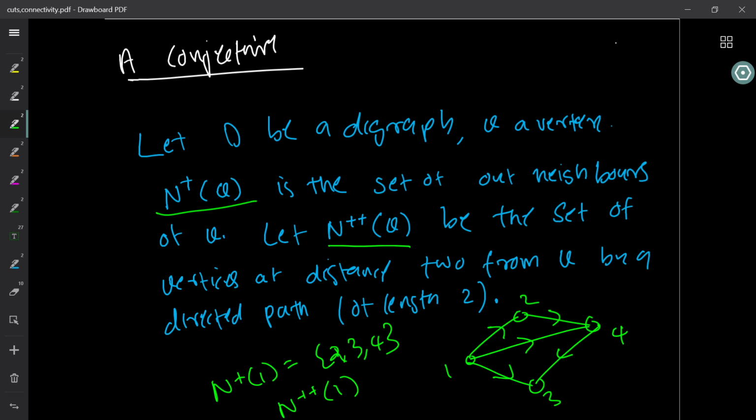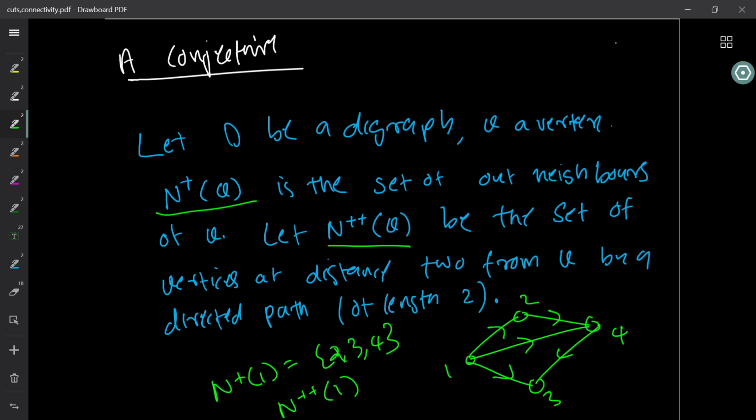But that is not the distance from 1 to 4, because from 1 to 4 there is a direct edge. So the distance is only 1. So we don't consider 4 as an element of N plus plus of 1. It is not included. Therefore, what about 3? Of course, 3, I can go from 1 to 3 directly again.